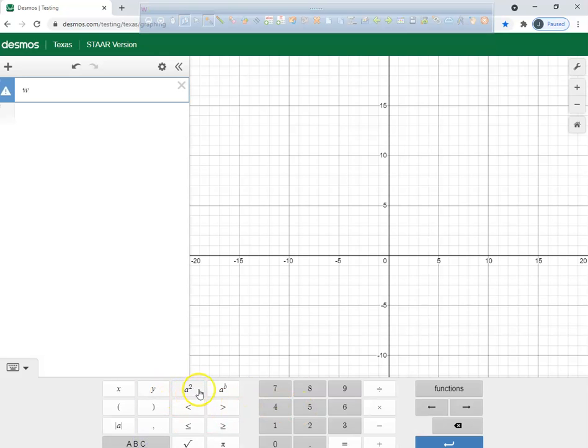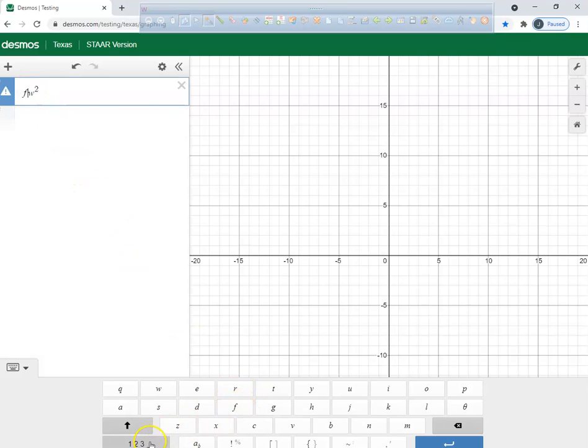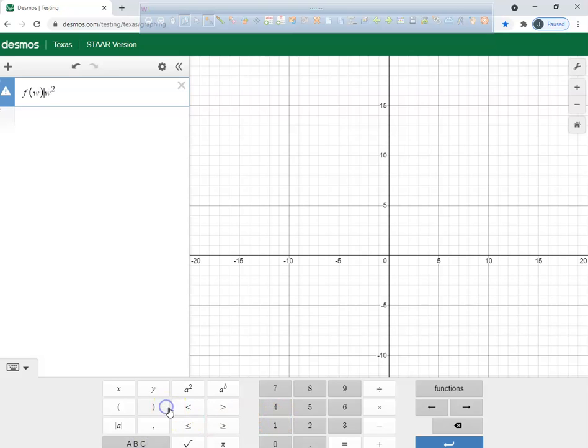W squared? Nope. Automatically it says it doesn't work. Now, the only thing I could probably do is if I said f of W, if I made it a function and put f of W equal to that.